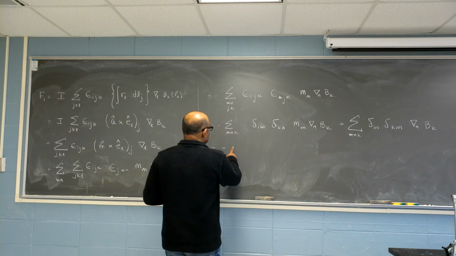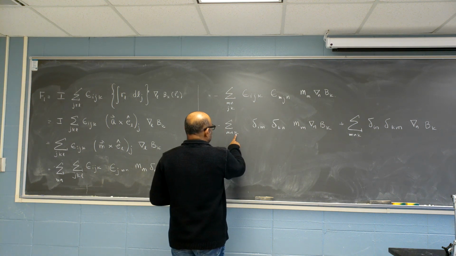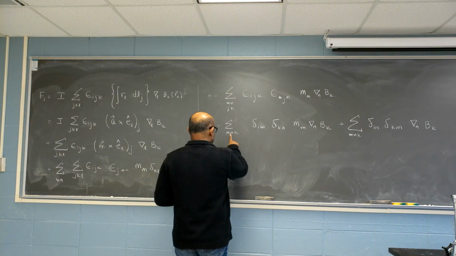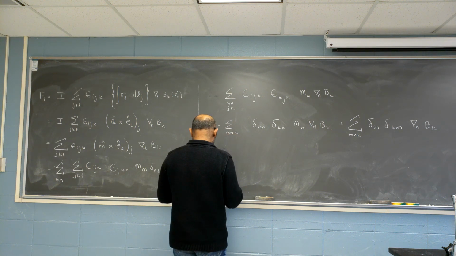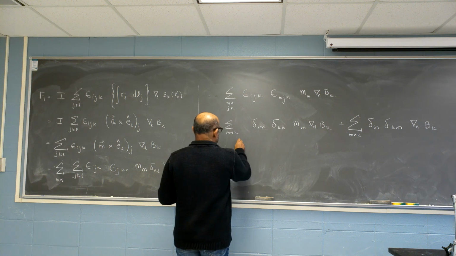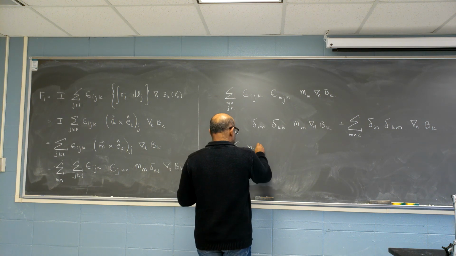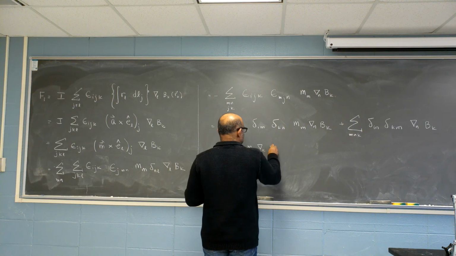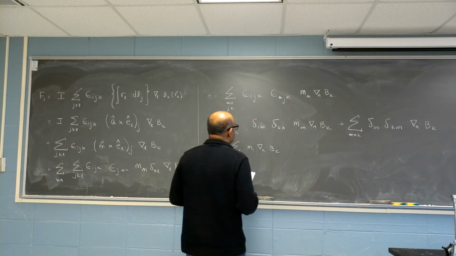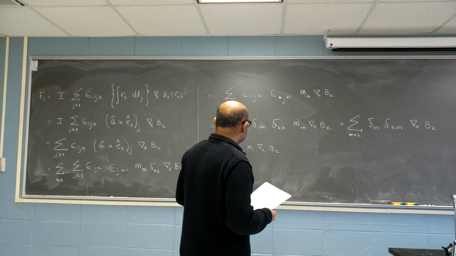I'm going to keep K and kill these two. So I would have, make sure this is correct, Mi delta K bk.